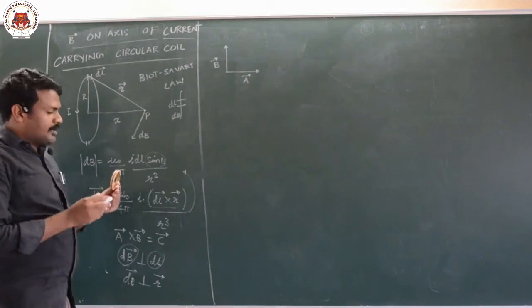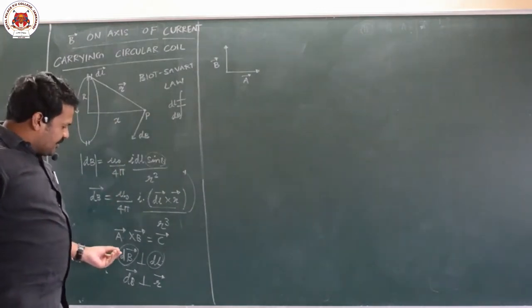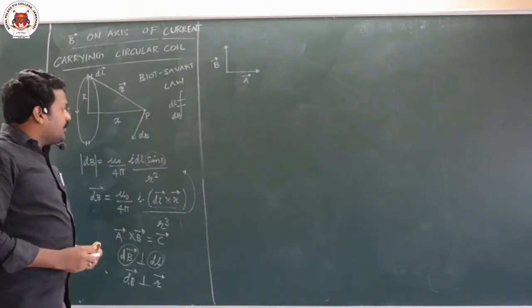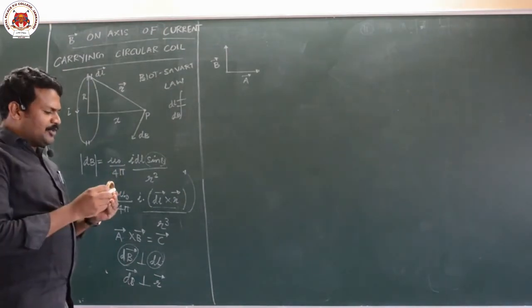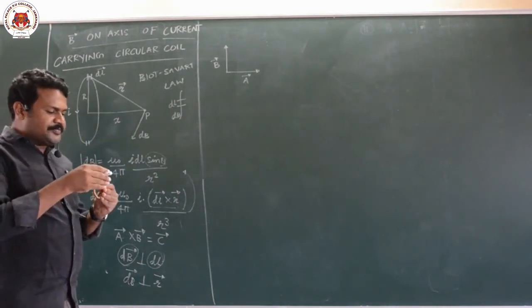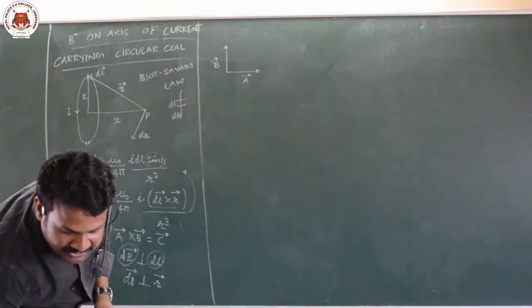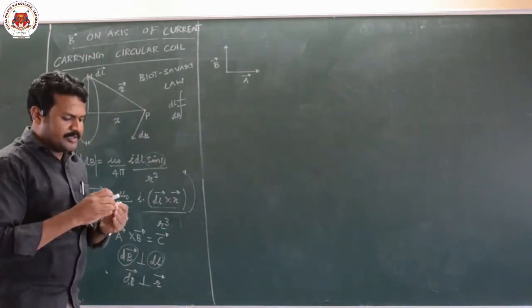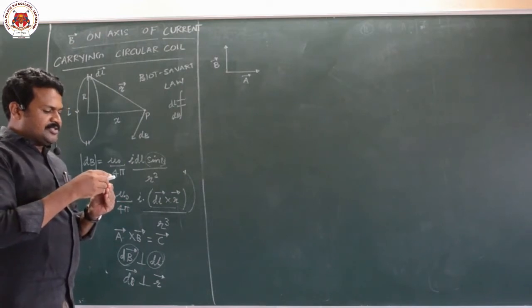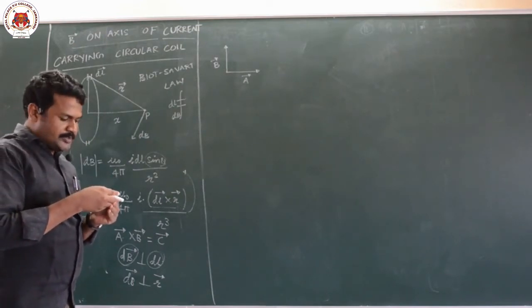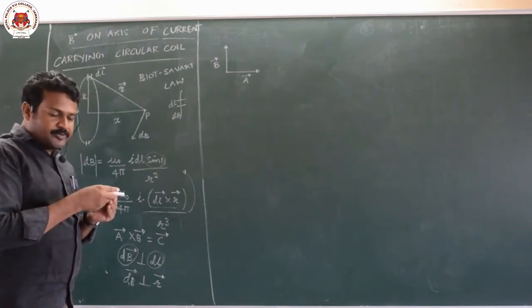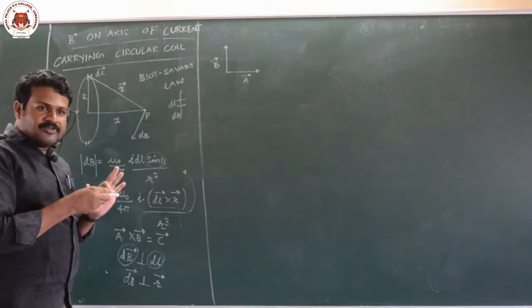Now, what I said, dB must be perpendicular to dl. dB must be perpendicular to dl means this is dl, this is r. You can observe, this is dl, this is r. That means dl and r are always at 90 degrees.